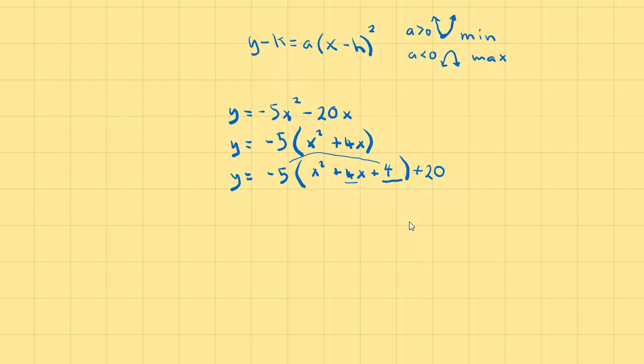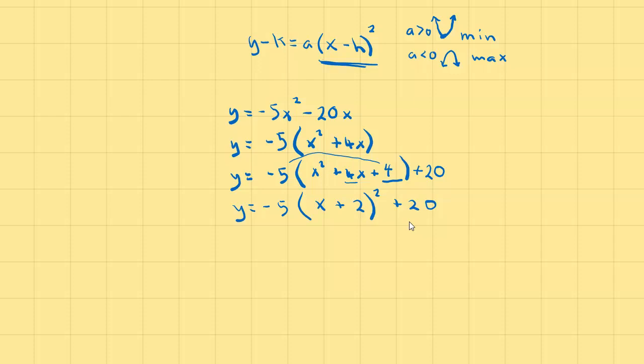Okay, so now, next step, I'm going to factor the perfect square trinomial. So we have y equals negative 5 times, now this is going to factor x plus 2 squared, plus 20. So that's why we put the 4 there, you see, because when we do, we get a perfect square. We get x plus 2 squared. And notice that that's just what this looks like up here. Okay?